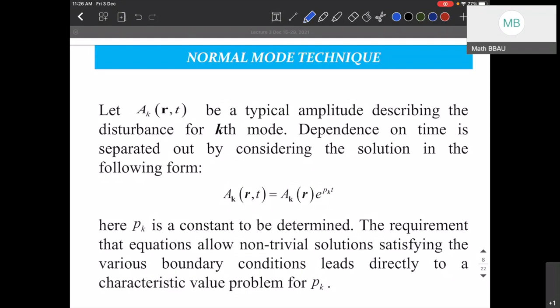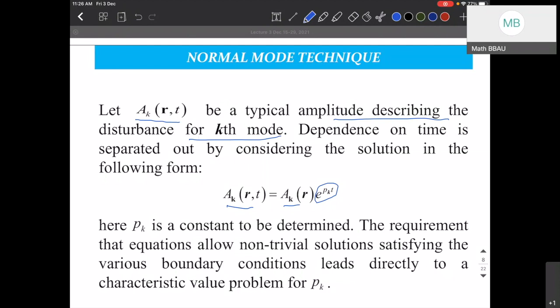So for the linear theory, if we have a perturbation like this, A_k(r,t), where r represents xi plus yj plus zk, with a typical amplitude describing the kth disturbance mode, then we will represent A_k(r,t) as A_k(r) e^(p_k t). See, in this e^(p_k t), we have taken the growth of perturbations exponential with respect to time, because we are dealing with the temporal instability analysis.